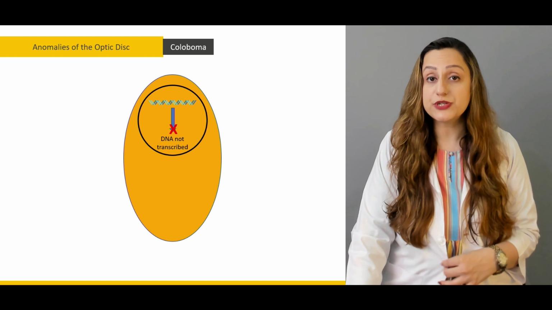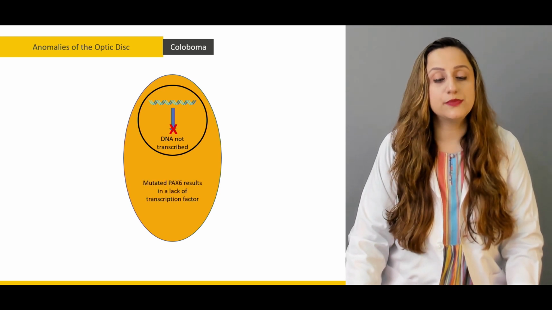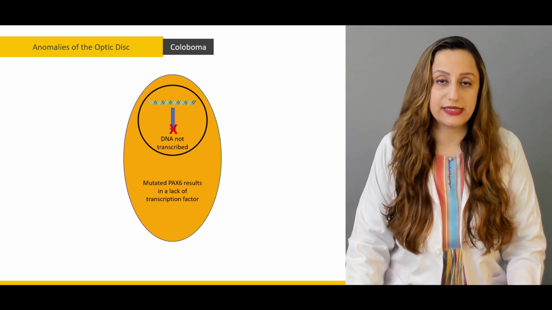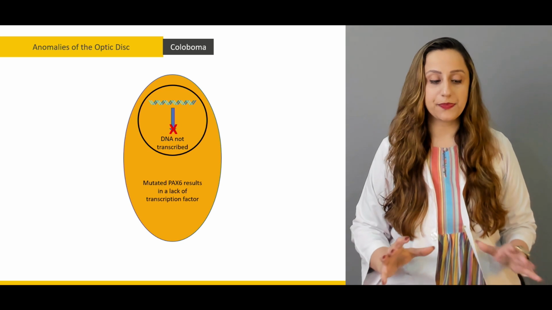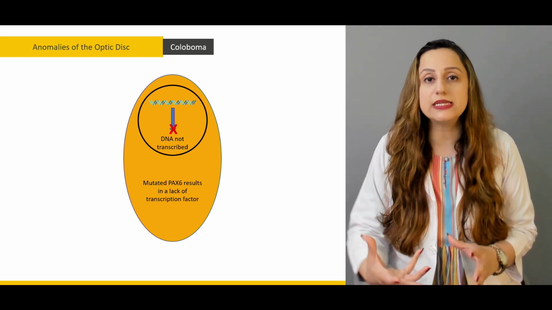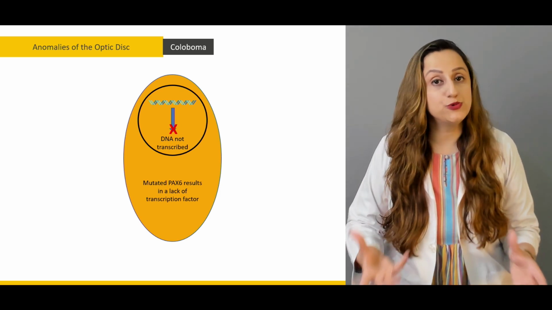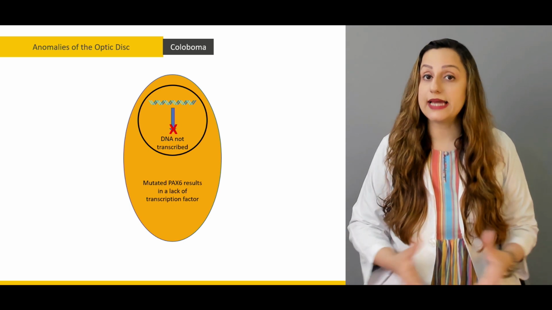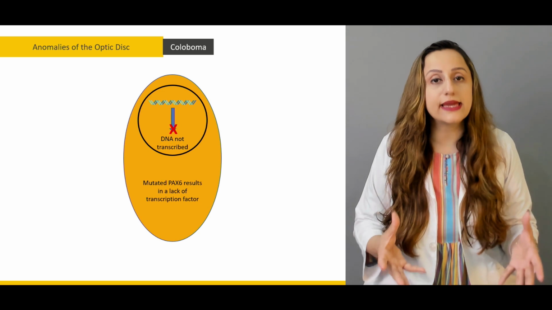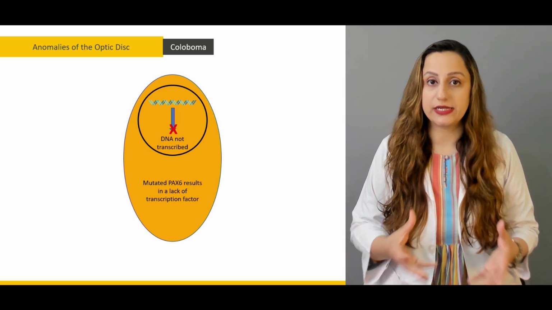The DNA is not transcribed normally in a mutated tissue, and a mutated PAX6 results in a lack of a transcription factor at this level. So this is the whole pathology lying behind this congenital ring defect that we usually encounter. It can result in minor defects, and on the other hand, ring-like major defects that can be observed on retinoscopy.